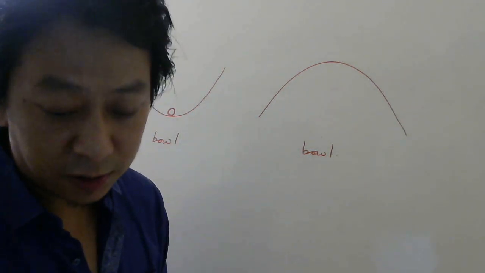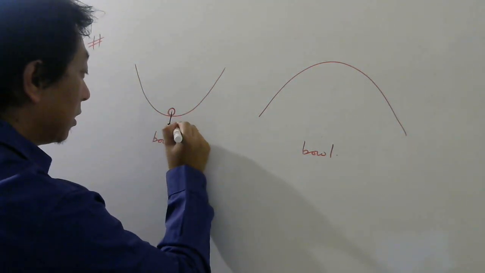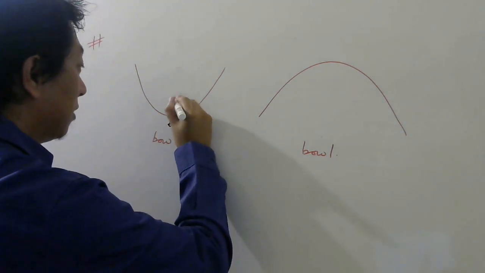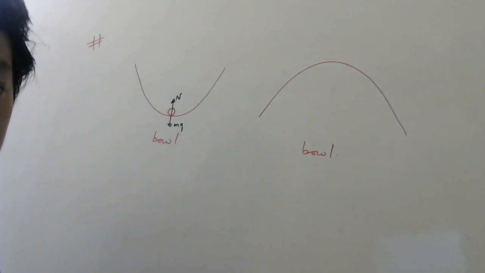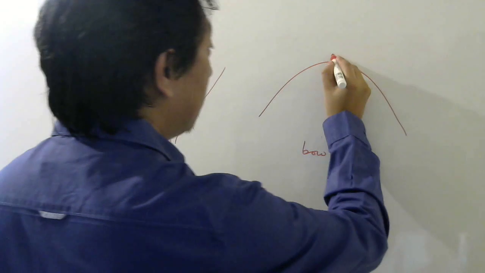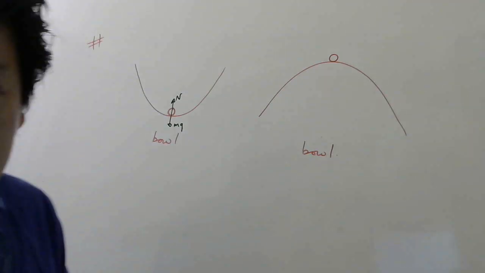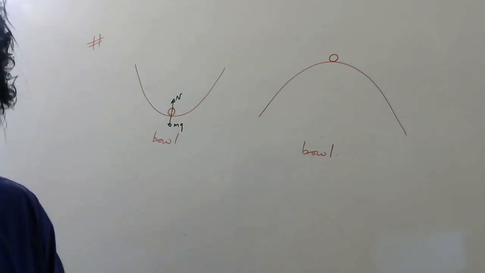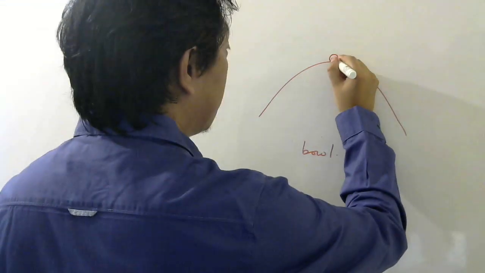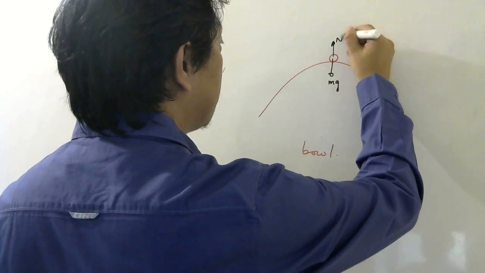It will remain at rest. Why? Because two forces are acting. One is mg, and that will be balanced by the normal force. Similarly, here if I keep the marble very properly, then also it will remain at rest, because the gravitational force mg will be balanced by the normal force.